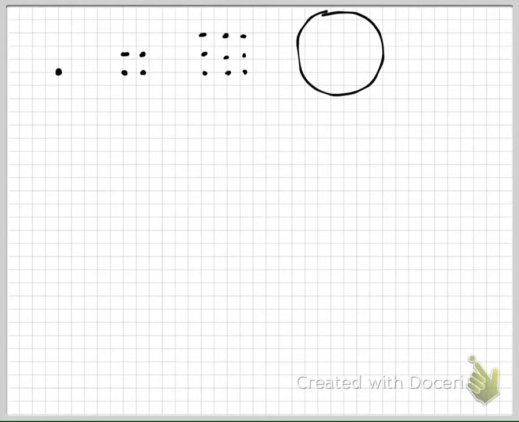All right, what about this? I'm going to give you another pattern, and you tell me what the next one is. It's going to be kind of weird. I want to know what the next pattern looks like, and I want to know the number.